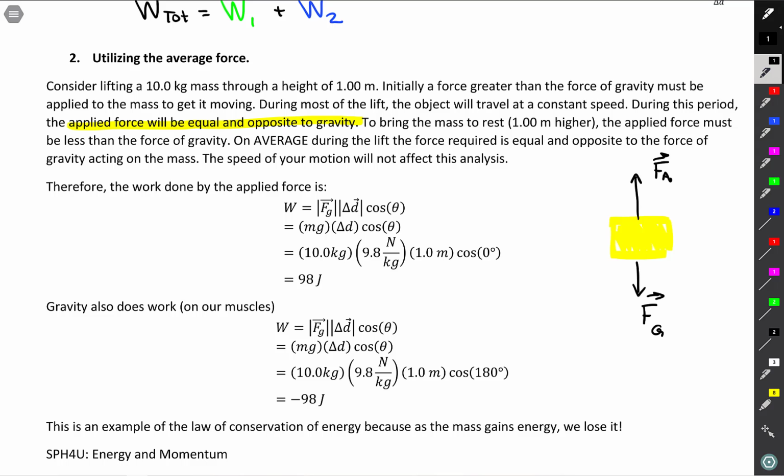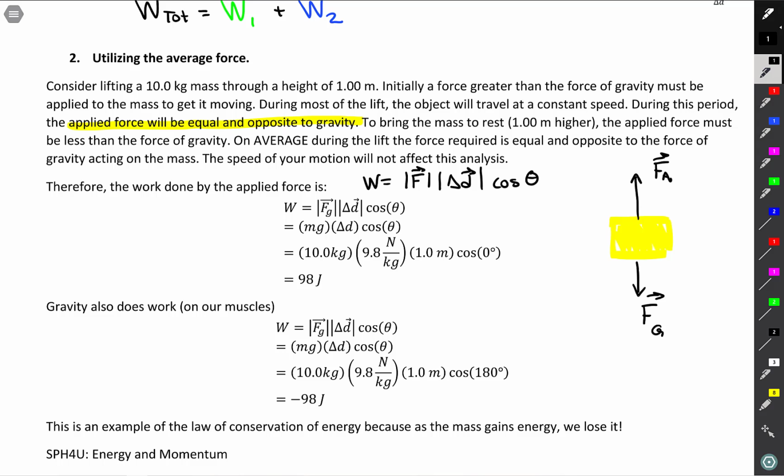We said that the work is equal to the magnitude of the force times the magnitude of the displacement, multiplied by the cosine of the angle between their tails. The work done by the applied force, and we said that the applied force is equal to the gravitational force in magnitude, so the work done by the applied force is the force of gravity times the displacement, d, in this case, and then the angle would be 0 degrees.